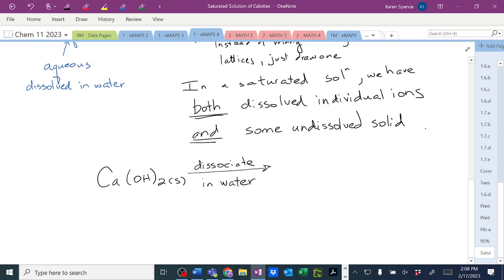And if you think about the word associate, if I associate someone with someone, I get together with them and interact with them, yes? If you have an association, it's a group of people who get together. So if you dissociate, you're not getting together, you're coming apart, okay? So to dissociate means to separate.